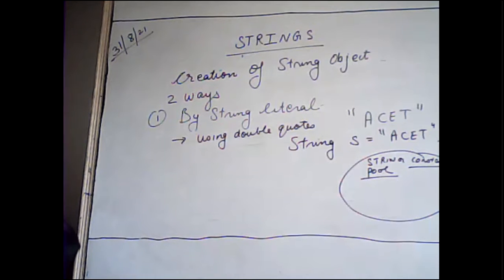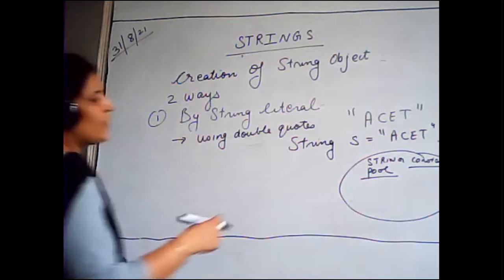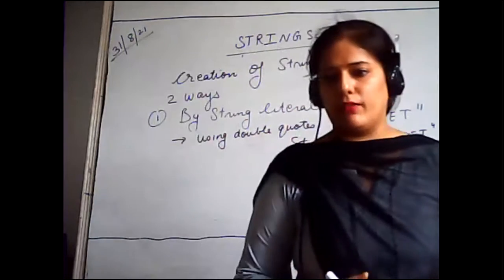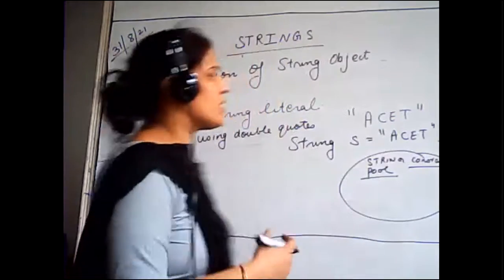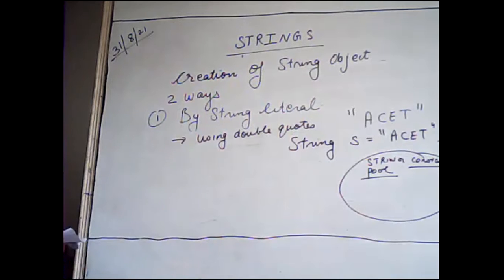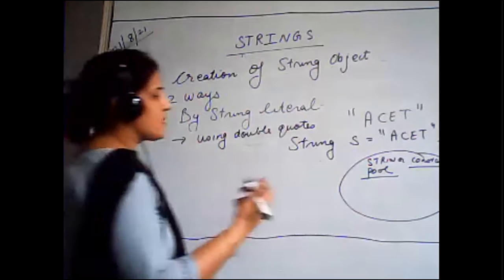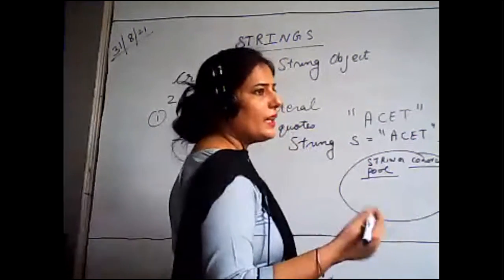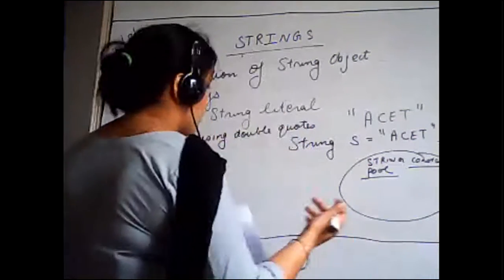If the string already exists in the pool, a reference to that string will be given. Otherwise, it will create a new string. If the string does not belong to that pool, a new string instance will be created and placed in that pool.